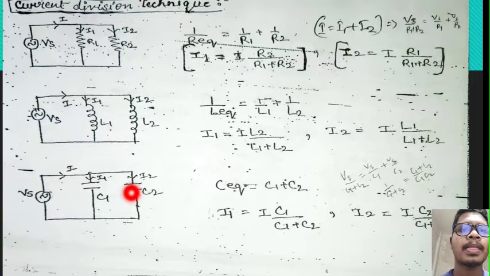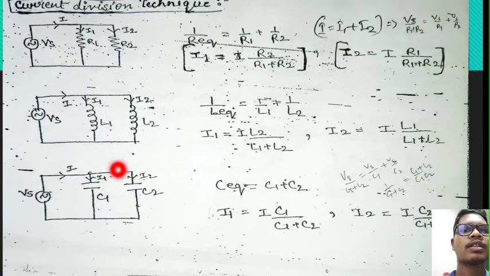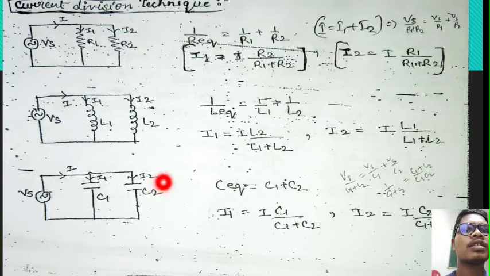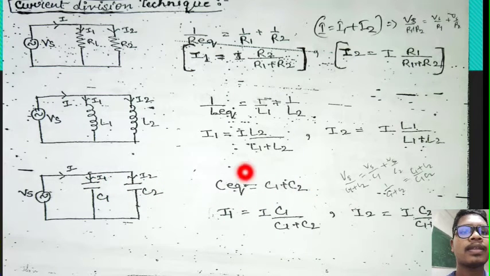Okay, now see the capacitor case. See here, one voltage source is connected to two capacitors, they are parallel in nature. So the behavior of resistance and inductance are the same, but here capacitance is different. So the equivalent capacitance in the case of series will have this type of equation, or in the case of parallel, then this type of equation, where they can add to each other.